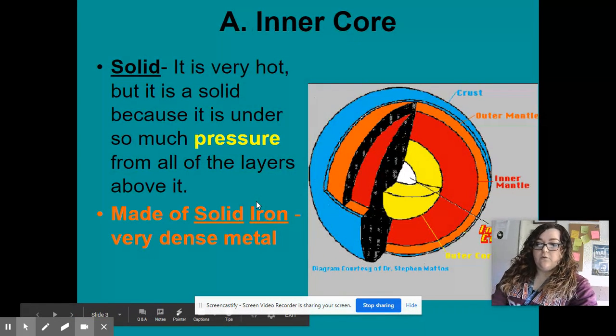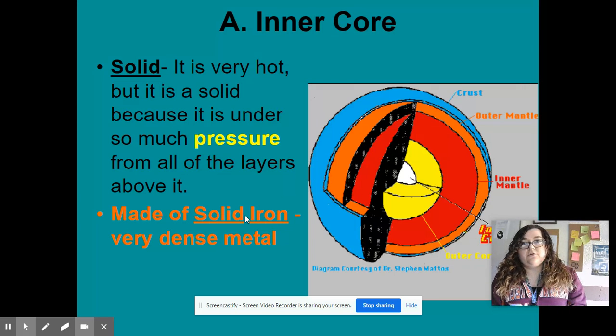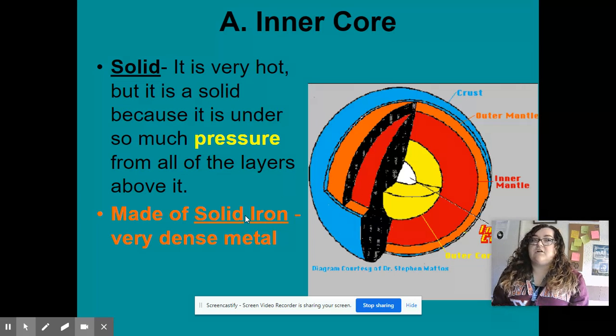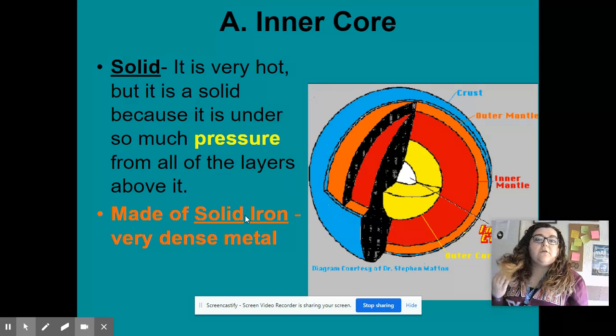So the inner core. The inner core is solid. That's your first blank right there at A. It is very hot, but it is solid because it's under so much pressure. So we kind of talked about the relationship between pressure and temperature for some of the ocean stuff. But in this case, it's going to be a hotter temperature, not a cold temperature like the depth of the ocean. So the inner core is solid.